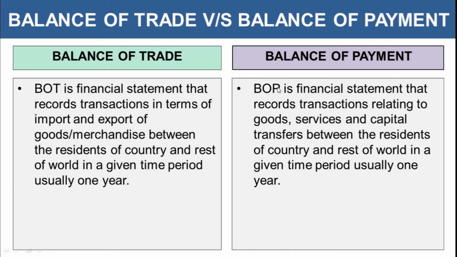But in balance of payment, we are recording transactions relating to goods, services, and capital transfer between the residents of a country and the rest of the world, which is the same as in balance of trade. So balance of payment, you can understand, is a wider picture. However, balance of trade is a narrower picture.